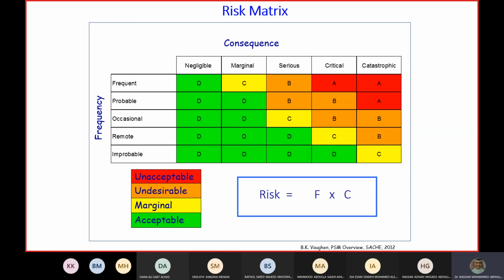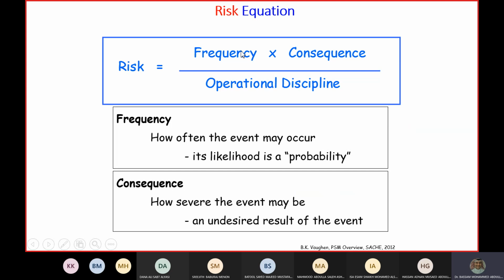If it fails many times, you need to keep an eye on it. Or if it happens only once but could destroy everything, which means a very high consequence, you need to keep an eye on it. Now, if you have something that is very frequent and has a high consequence, that is a big danger. This is where we started calculating the risk: frequency multiplied by consequence, okay?